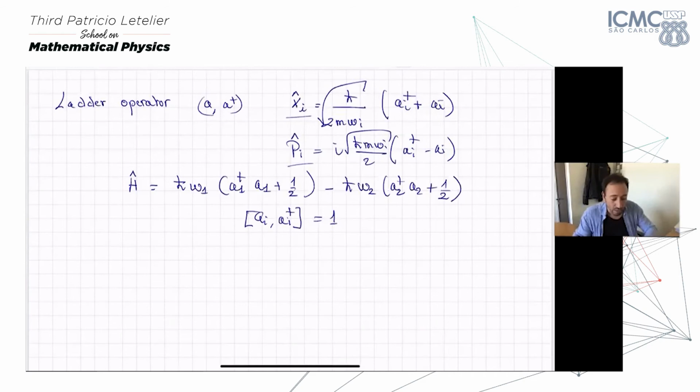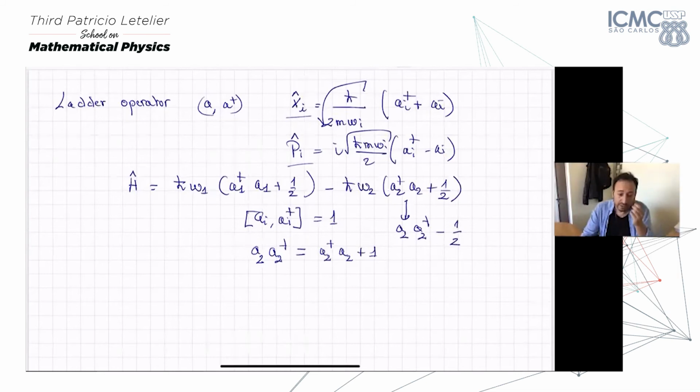Fine. Okay, so we have this relation. So what we can do is the following. Let us look at a2 dagger a2 plus 1/2, which I can replace by a2 a2 dagger minus 1 plus a half, which gives a2 a2 dagger minus 1/2.